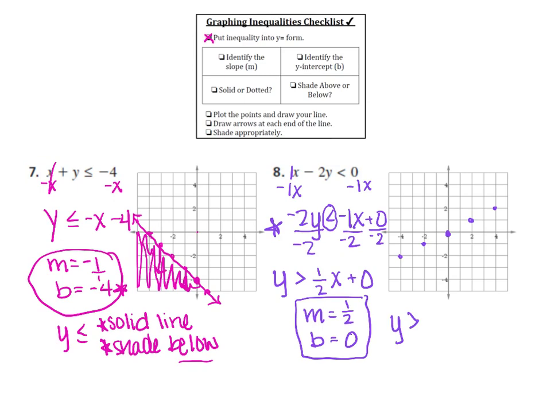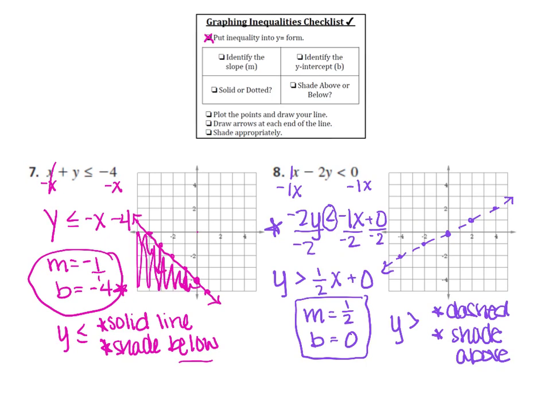Because there's no or equal to, I use a dashed line. And it's greater than, which means I shade above that line. So I'm going to use a dashed line to connect those. Put arrows at the ends of my line and shade above that line.